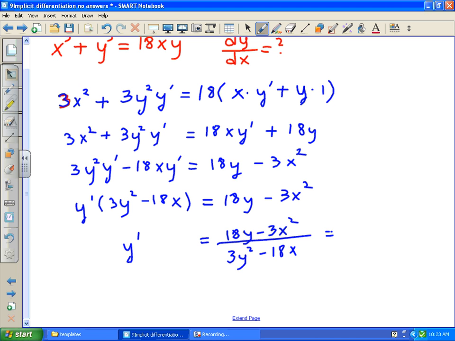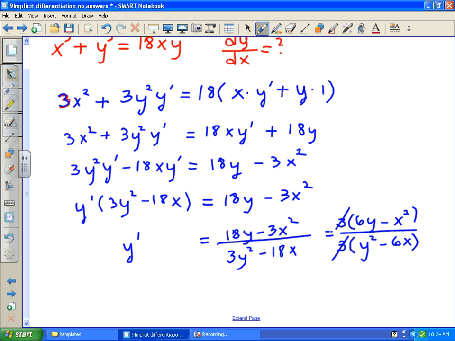I can take out a 3 from the top, which is leaving us with 6y minus x squared, and take out a 3 from the bottom, which leaves us with y squared minus 6x. Now cancel the 3's, so we can leave our answer in the simplest form.